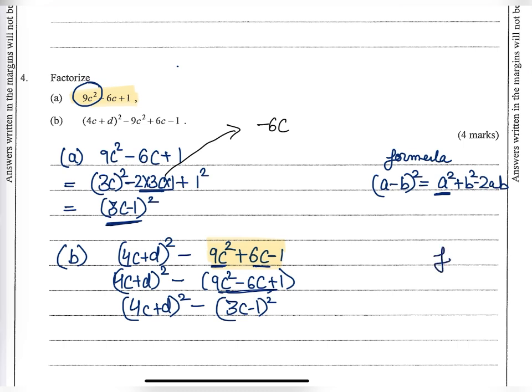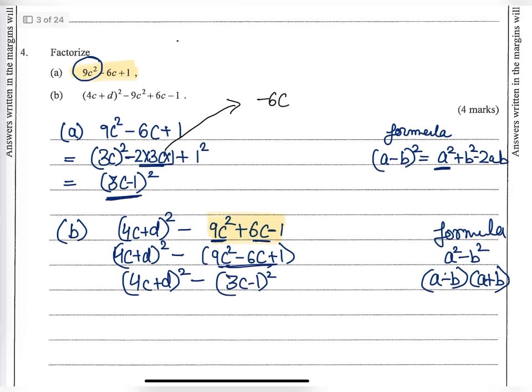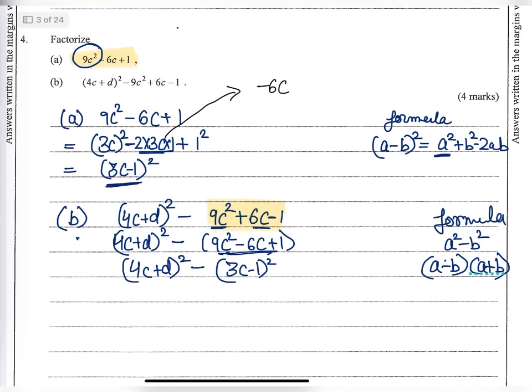Now we know another formula which we can use here, that is a square minus b square, which is a minus b, a plus b. These are basic algebraic formulas which I am using here. Hope you are able to understand. 4c plus d plus 3c minus 1, and then 4c plus d minus 3c plus 1.